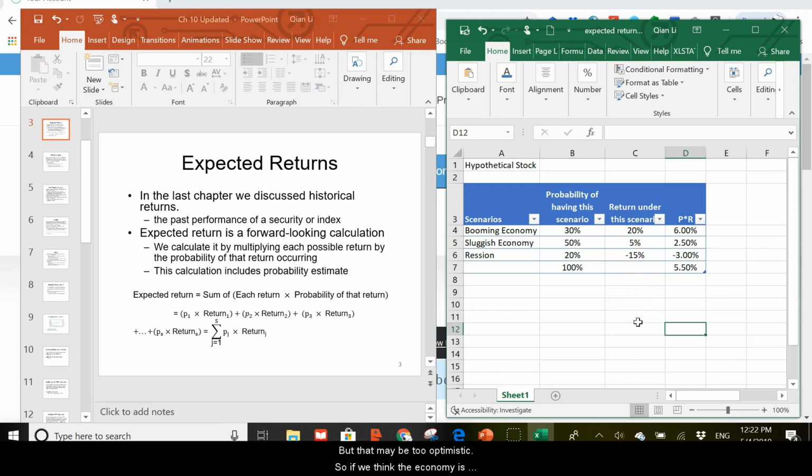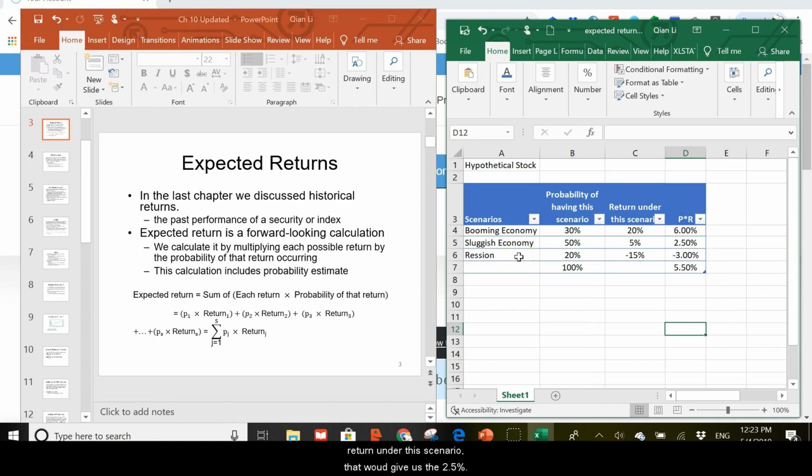But that may be too optimistic. If we think the economy is going to be doing just okay, not that great, the chance of having that is 50%. So it's more likely to have a somewhat sluggish economy. And under this sluggish economy, this company's stock will have a return of 5%. So we'll do the 50% probability multiplied by the 5% return under this scenario. That would give us 2.5%.